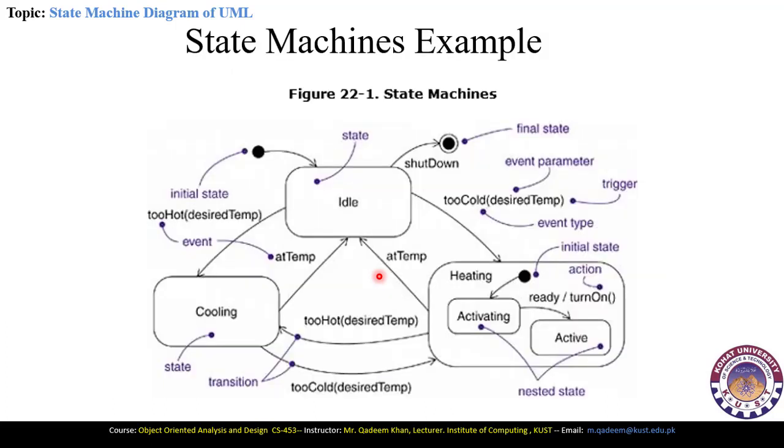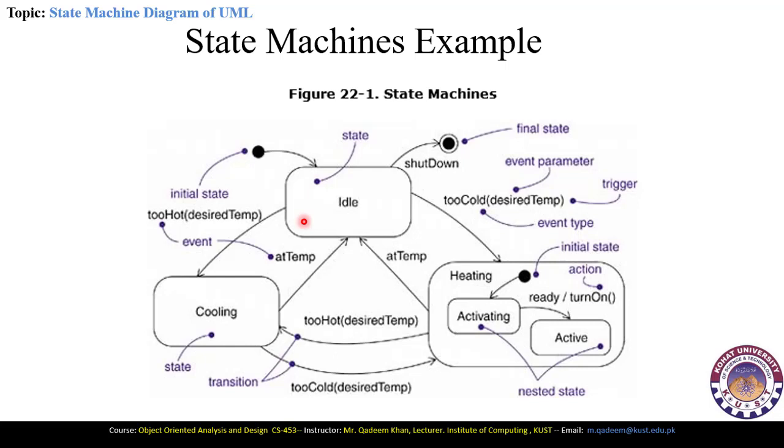Another example of the state machine diagram is here, to initiate the cooling system of a certain room. When we have too hot a temperature, then the cooling system will be called here. And if you have too cold a temperature, then the heating system will be called here.